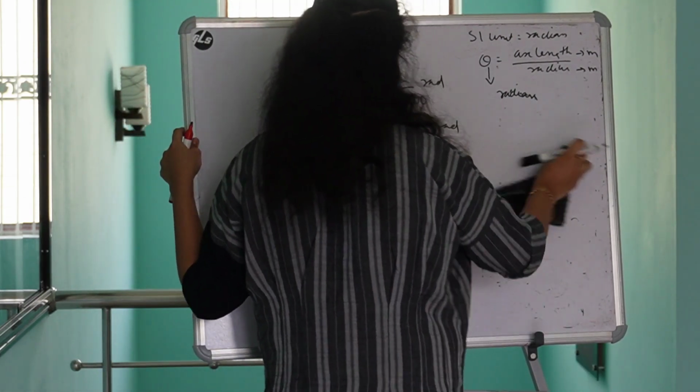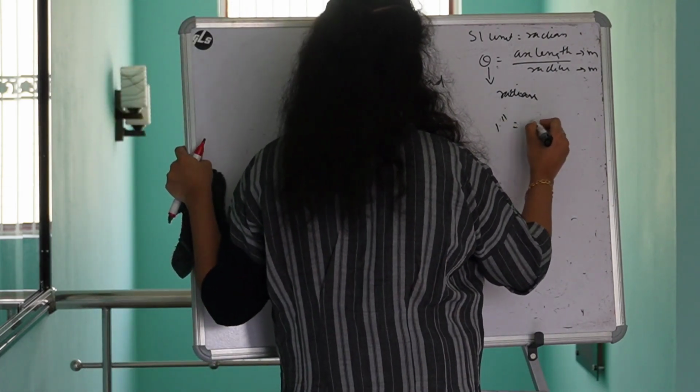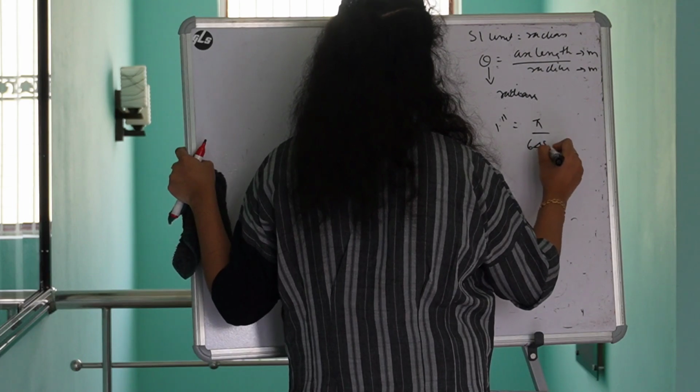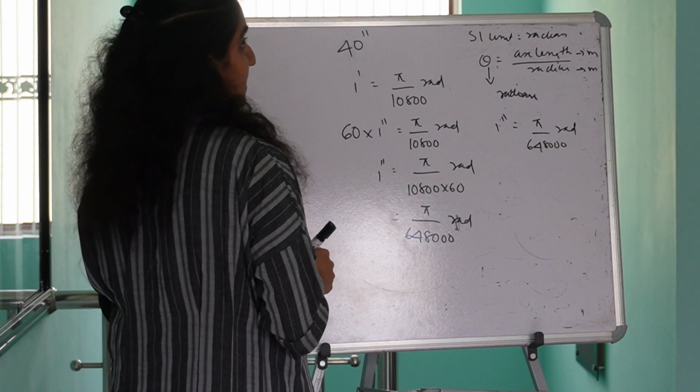Yes. Is it clear? So we know 1 second is equal to pi divided by 648,000 radian. Now we have to find what 40 seconds is equal to.